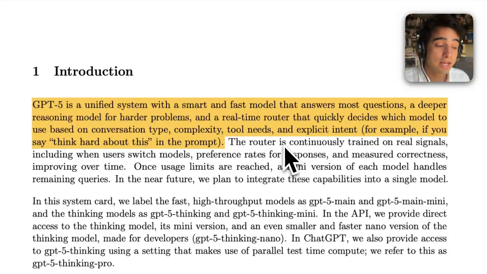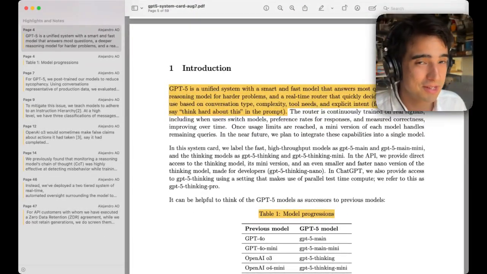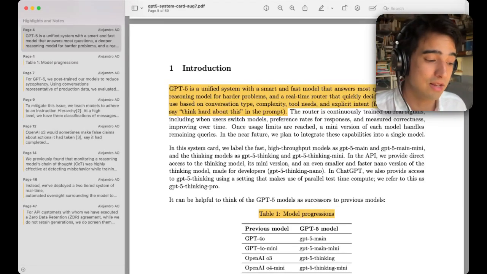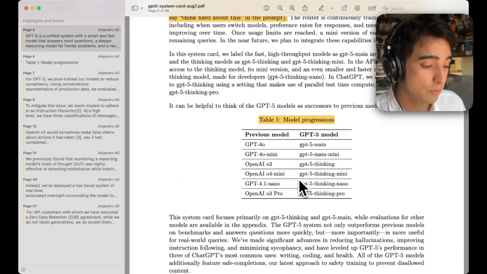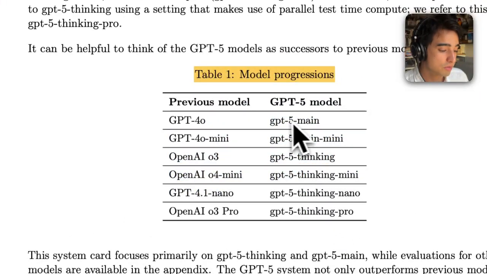So for example, if you say that you want your model to think hard about a prompt, it is going to think harder about it. And we're going to see that actually in just a moment when I show you the actual demo in the notebook. But as you can see, we don't have only one model. We have 6 different models: GPT-5, GPT-5 Main Mini, 5 Thinking, Thinking Mini, Thinking Nano, and Thinking Pro.